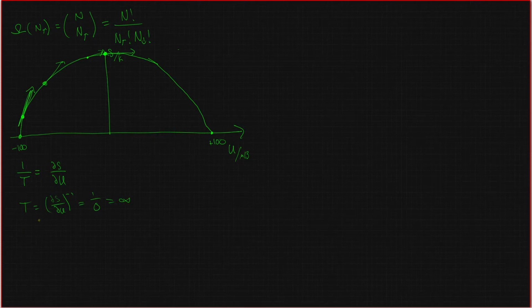And now we observe some even stranger behavior as we go past this point. Looking at a point over on this side of the graph, the slope is actually negative. So on this side, T is a negative number. At this point, T is infinity. And over on this side, T is a positive number.